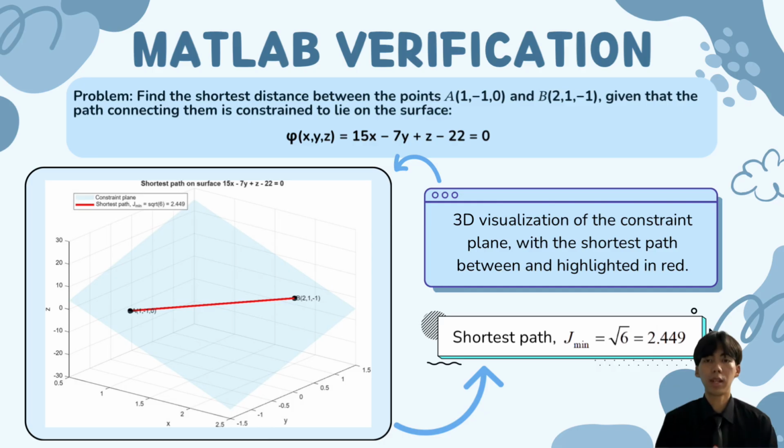The script confirms that both points lie exactly on the surface 15x minus 7y plus z minus 22 equal to 0, plots the straight line path obtained analytically in red, and calculates the distance directly using the norm of B minus A. The output confirms a shortest distance of 2.4495, matching the value of root 6 obtained through the Lagrangian method, and the 3D visualization shows this path lying flat against the constraint plane connecting A and B. The numerical check closes out the Lagrangian problem section, confirming both the analytical derivation and its geometric interpretation.